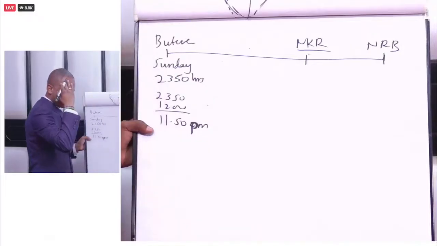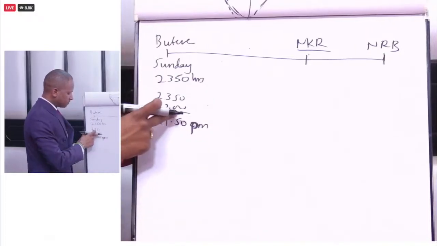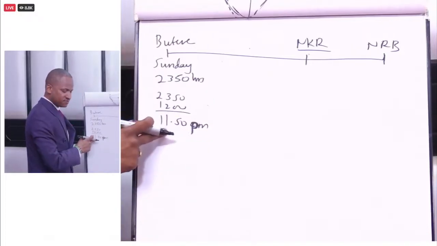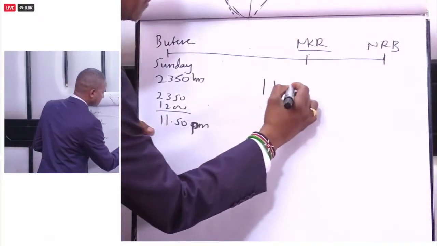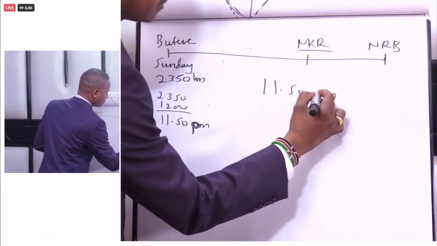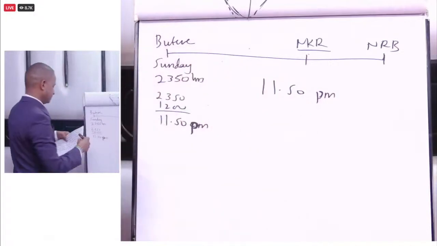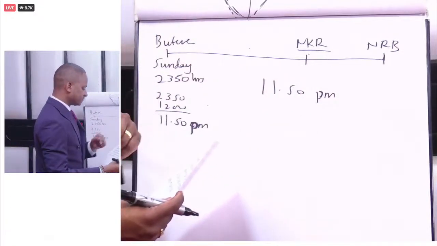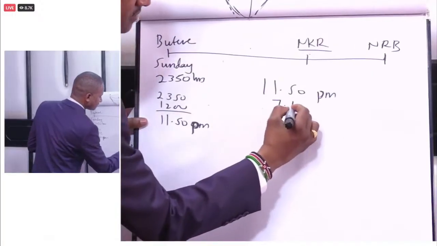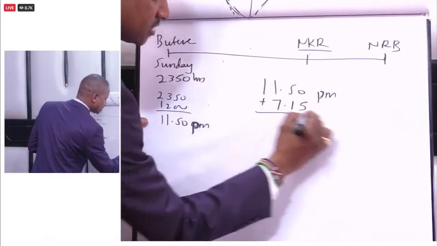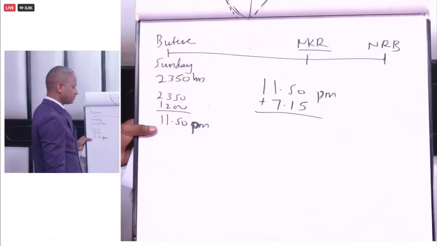So focus your mind. You change it first to 12-hour system. You get 11:50 p.m. So at 11:50 when he left, he traveled for 7 hours 15 minutes to Nakuru. Just add the time that he took to travel.